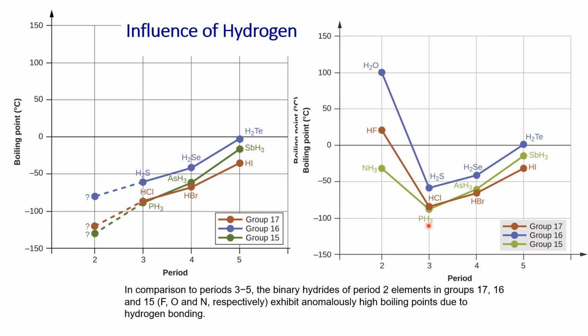So what's going on with this? Everything on this graph represents polar molecules. So these guys do have that dipole-dipole interaction that I was talking about. But now we're going to talk about that third one. It's a very special kind called hydrogen bonding.